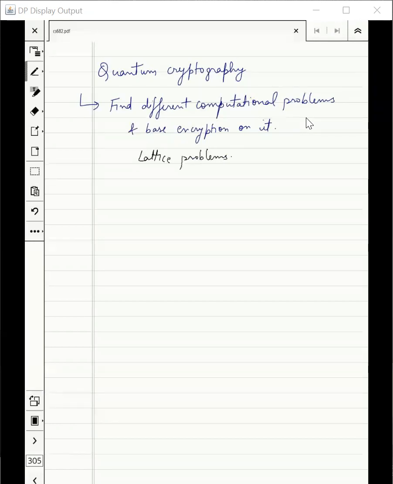This is a big area, and we won't go into it. This is actually, in some sense, completely classical. The only quantum part comes from the evidence that these lattice problems would be hard to solve even on a quantum computer. Otherwise, the crypto systems and everything are done classically.